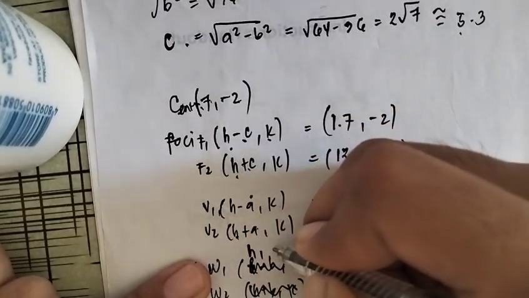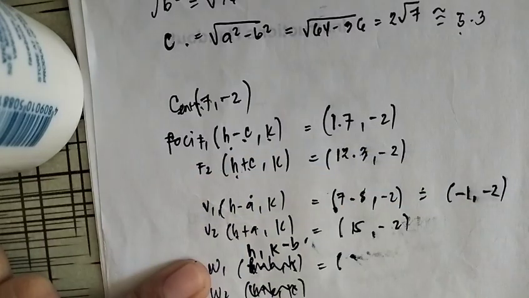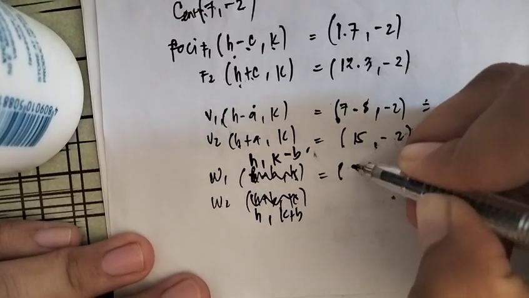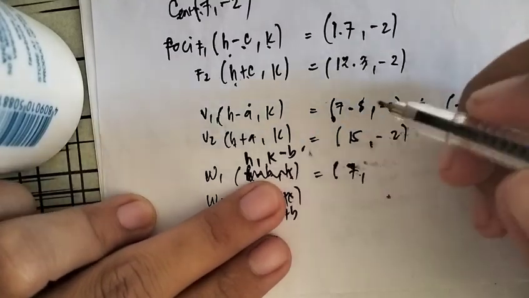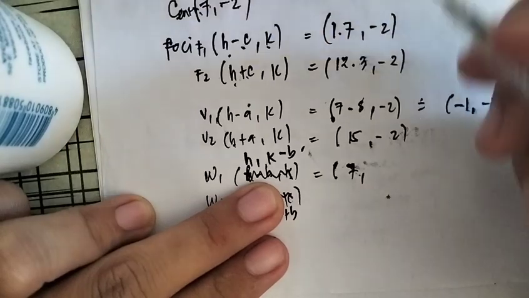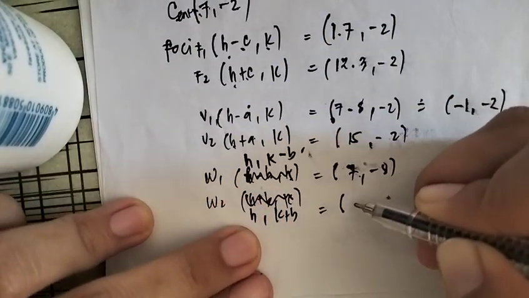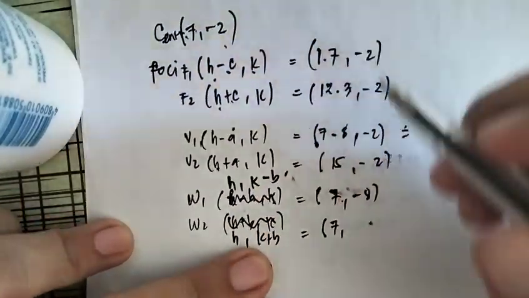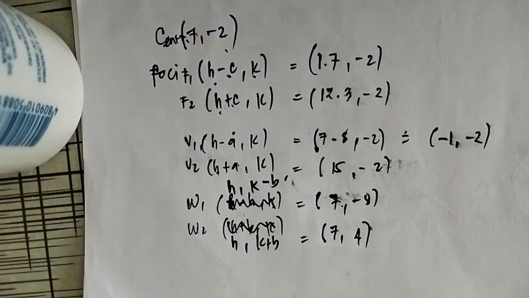Si H, K plus minus B, and then K plus B. Unsa si K? Copy si 7. So, H, 7. Si K is negative 2 minus B nga negative 6. So, nakay negative 8. So, W2, H, copy si H. And then, K plus B. So, negative 2 plus 6. Nakay 4. So, 7, 4.